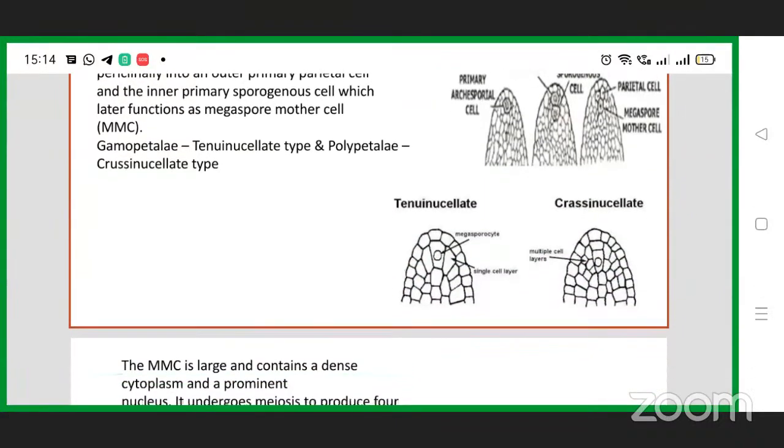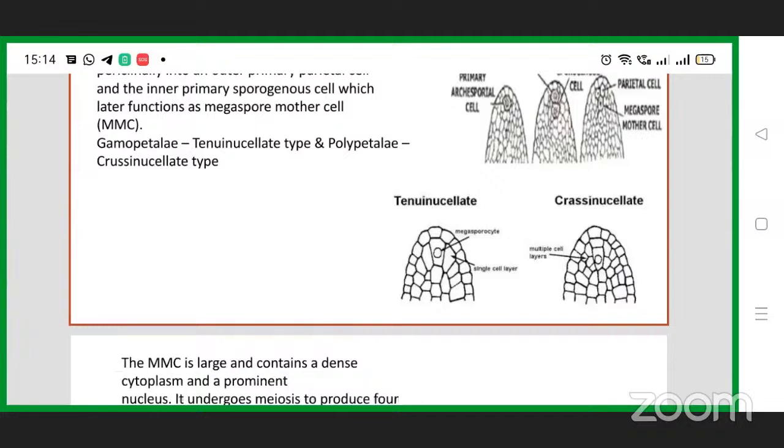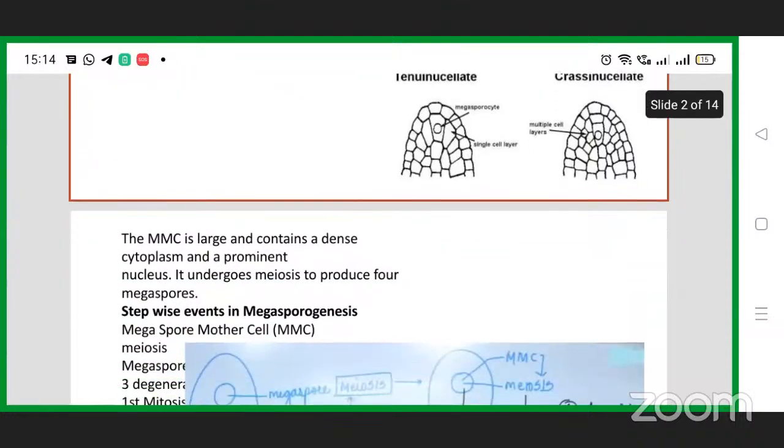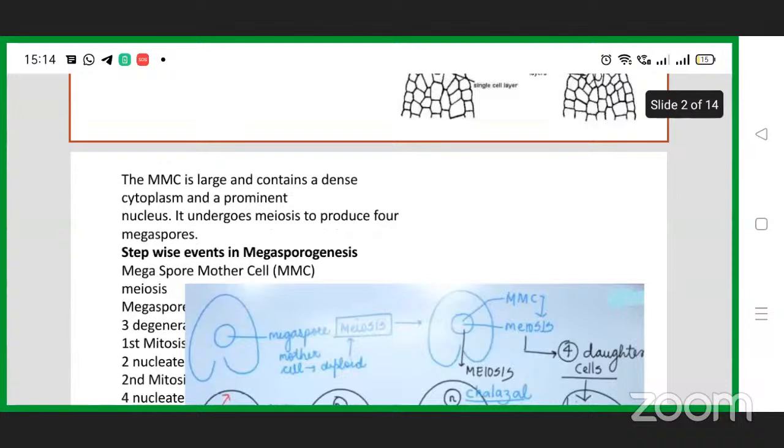If the parietal cells form a single layer, that is tenuinucellate. If it has multiple layers of nucellus, we call it crassinucellate, which we already studied.